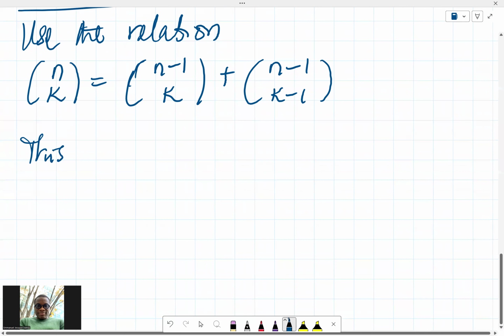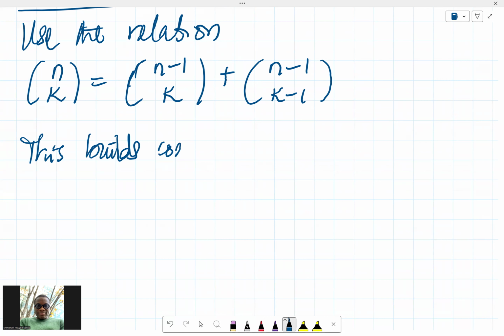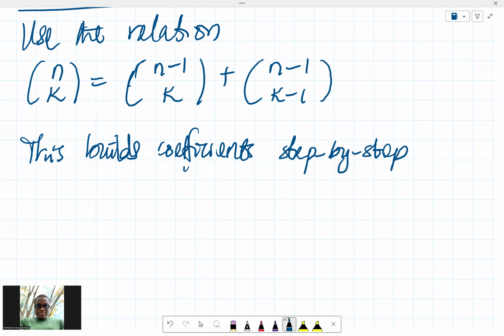This actually helps you. This builds coefficients step by step, without full factorial calculations.